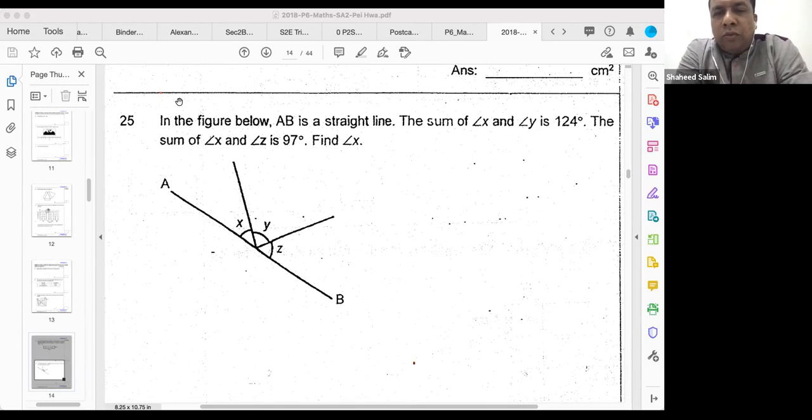X and y is 1 to 4. So you must know the method.